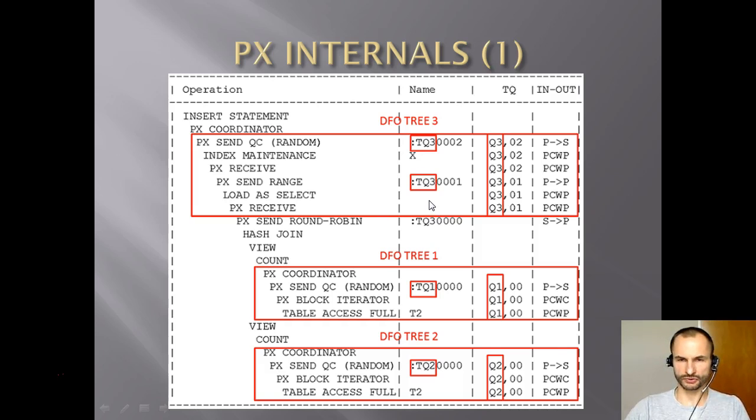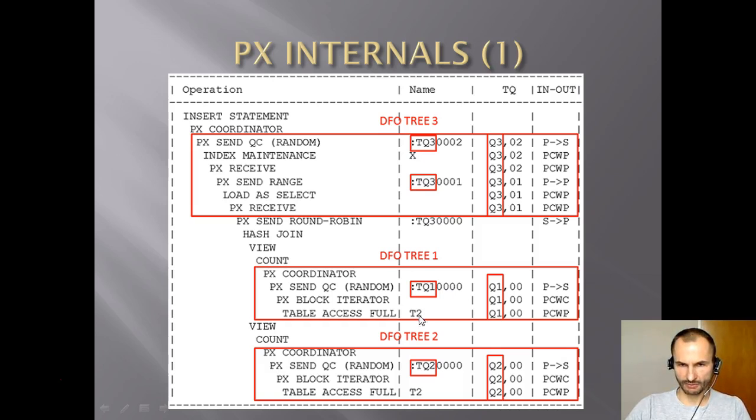So there has to be one producer and one consumer, one child DFO, one parent DFO. And we have here another DFO tree, which again gets parallel slave sets assigned. Since we do not have a redistribution here, we do not have another slave set that receives the data, because it only sends the data to the query coordinator. It will only get assigned a single parallel slave set.